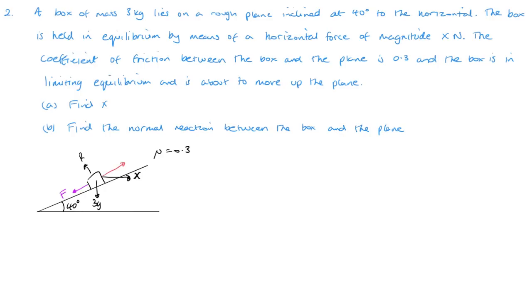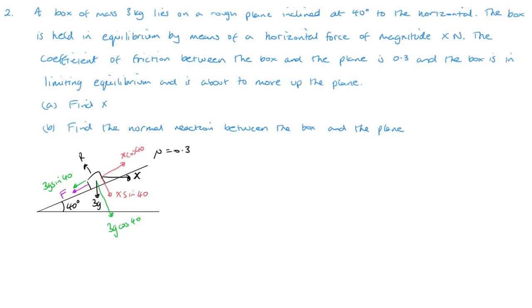So let's resolve X first of all. So going up the slope, we've got X cos 40. And going down here, we have X sine 40. And then for the 3G mass, we have 3G cos 40, and then down the slope, we've got 3G sine 40.